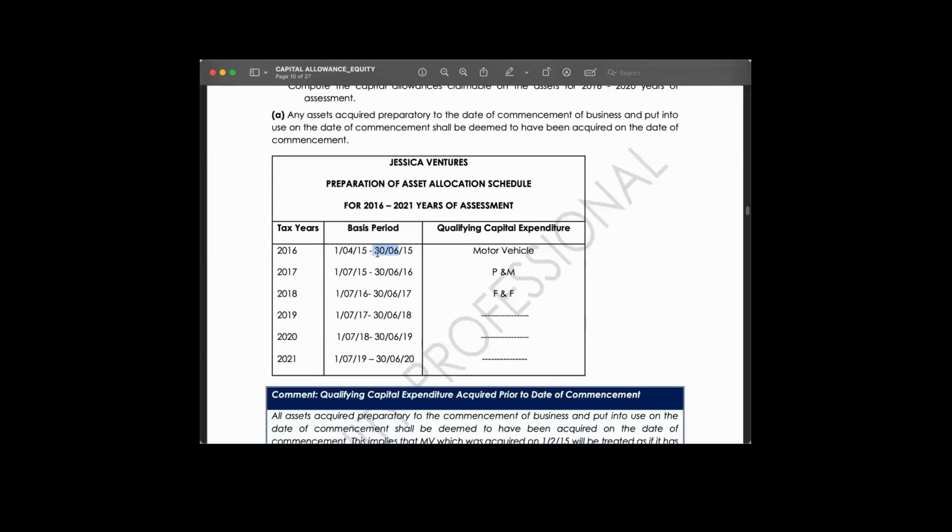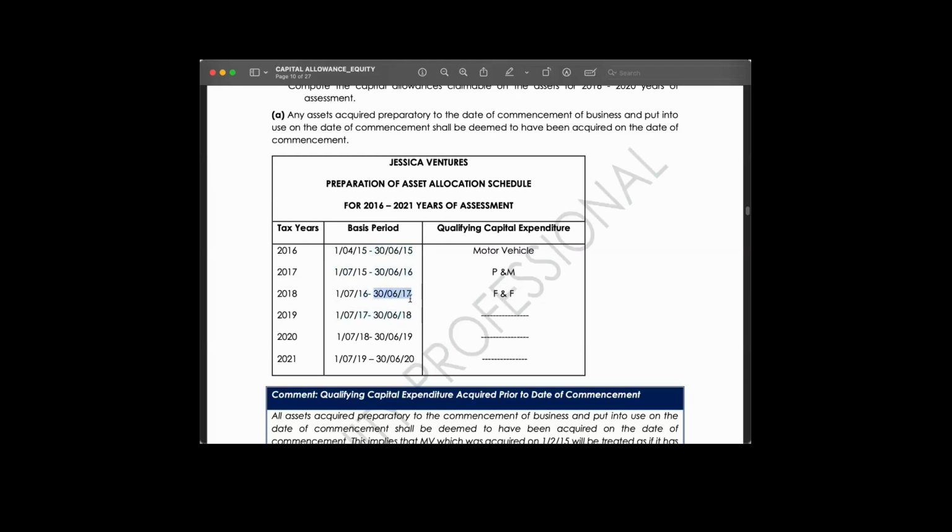For second tax year, we say a day immediately after the end of the first accounting year end to the end of the second accounting year end. A day immediately after this is 1/7/15 to the end of this, 30/6/16. Third, the same thing. A day immediately after the end of the second accounting year end to the end of the third accounting year end.